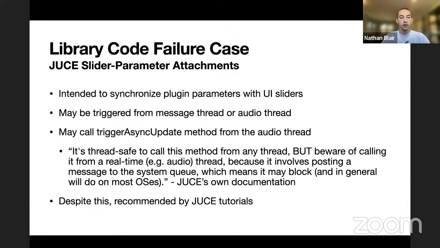You're going to get a trigger async update, and the JUCE documentation says that this posts to the system queue, and it may block the audio thread. So that's generally bad. I haven't necessarily had issues, but because even the JUCE documentation itself says that this is making a system call, I tend to prefer to avoid the JUCE slider parameter attachments if possible. So in my template, I focus on avoiding those and coming up with a different method for synchronizing the user interface with the audio.